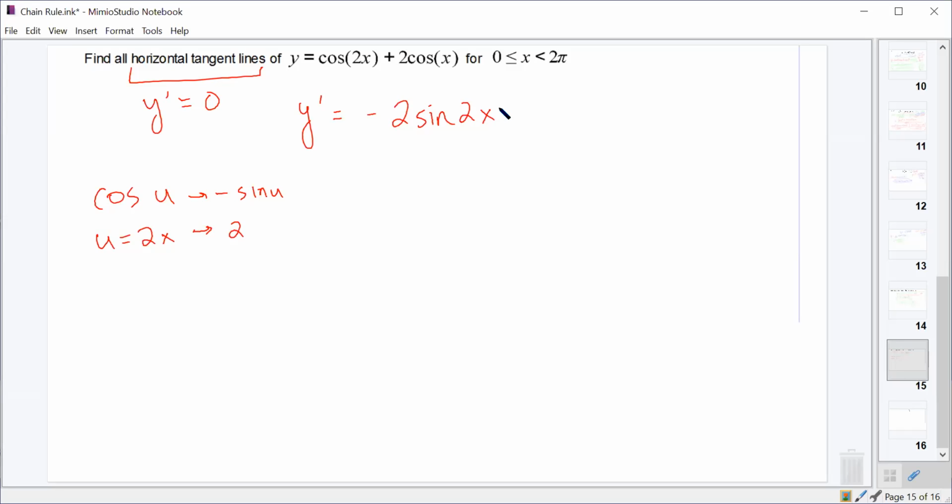That's chain rule, right? Yep, all good. And then what about 2 cosine x? That one should just be minus 2 sine x. And we want to know, when does this thing equal 0?